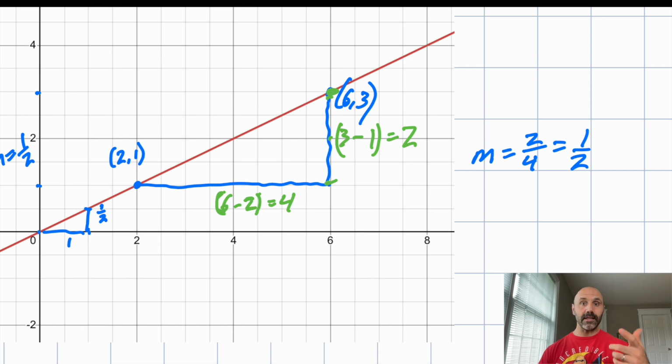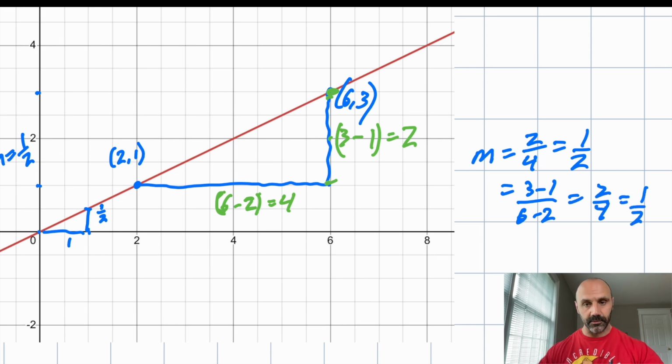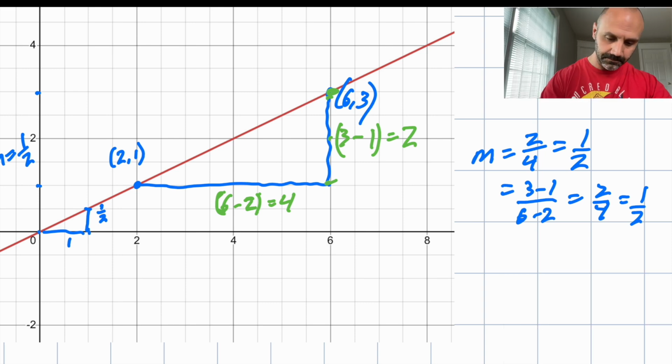Great. Well, how did I get the 2 and the 4? I got the 2 because I did 3 minus 1, and I got the 4 because I did 6 minus 2. That gives me 2 over 4, which gives me 1/2. All right, well, where did the 3 come from? The 3 is this guy right here. And what is that? That's the y-coordinate of what we can call the second point.